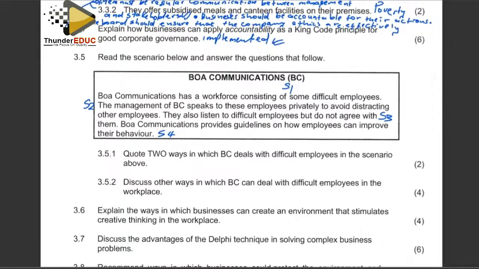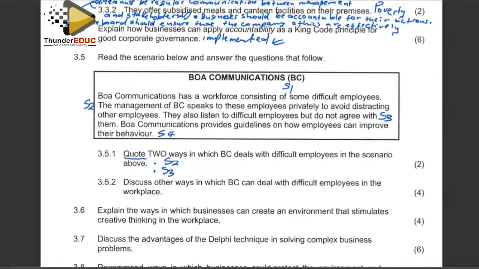So now, quote 2 ways in which BC deals with difficult employees in the workplace. Remember, the moment you come across the word quote, you are expected to take a sentence exactly the way it appears in the given scenario. So now we are going to take 2 sentences, which are sentence 2 and sentence 3.